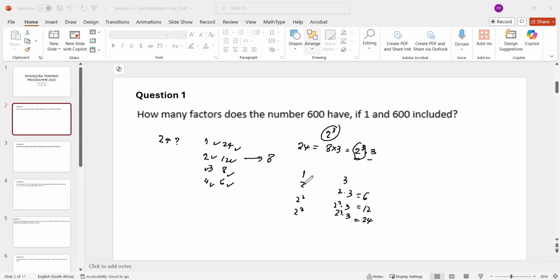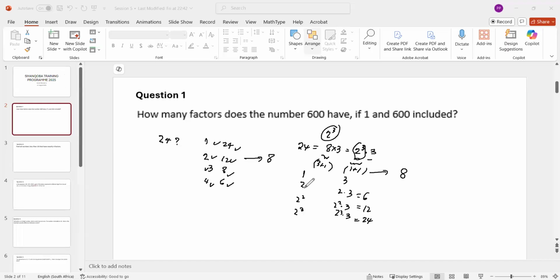The powers starting from 1, 2, 3, and then the 1 itself. So 8 has got 3 plus 1 factors. And the same way, 3 has got only 2 factors, 1 and 3. Okay? So that is 1 plus 1. And then if you multiply these two together, 4 times 2, you get bingo, you get 8.